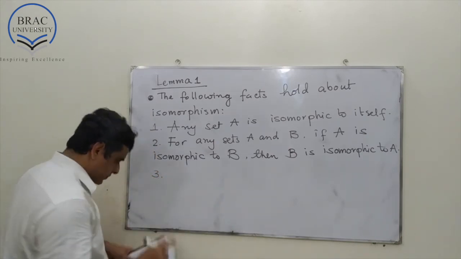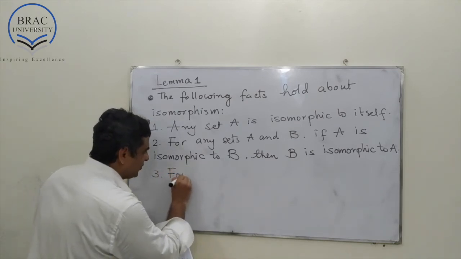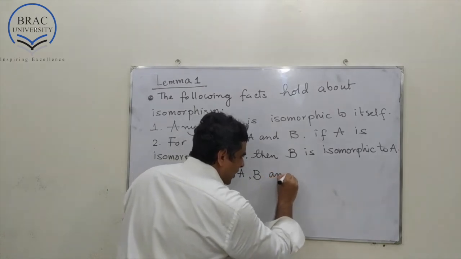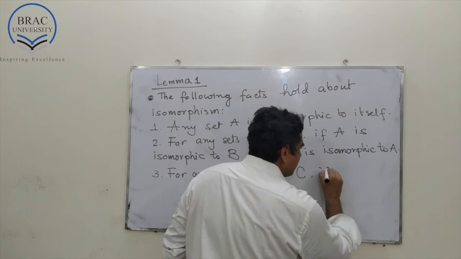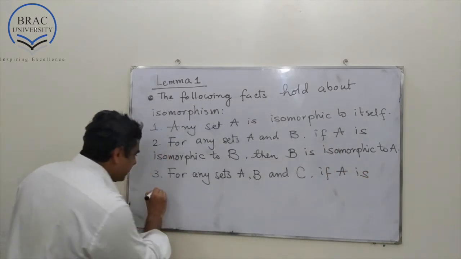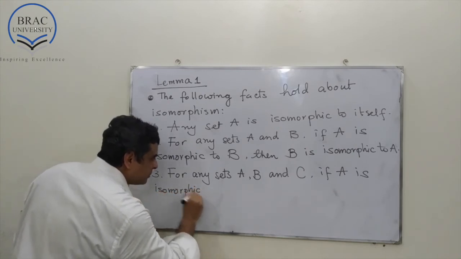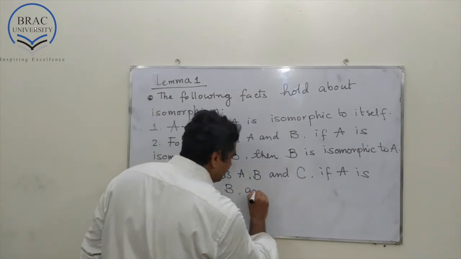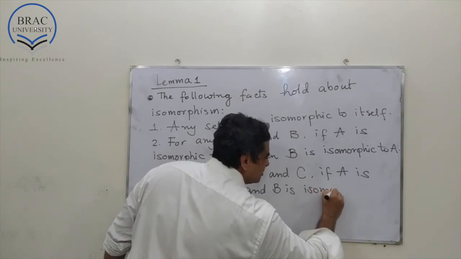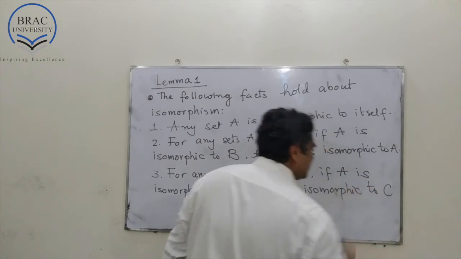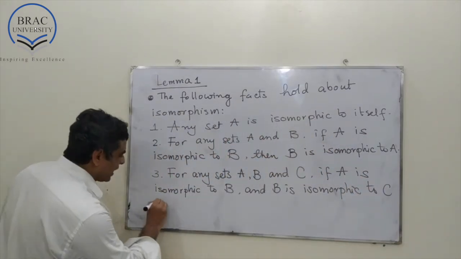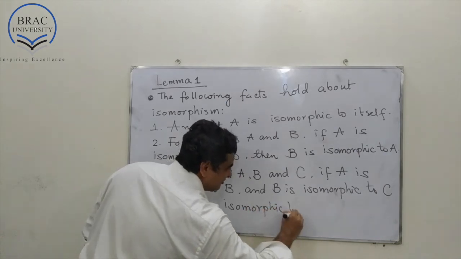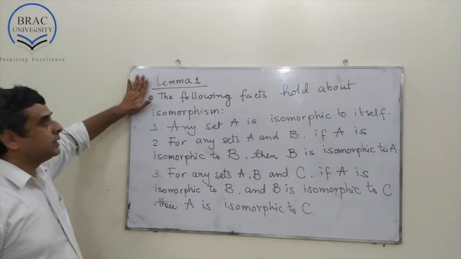For the third statement, it tells you that for any three sets A, B, and C, if A is isomorphic to B, and B is isomorphic to C, then A is isomorphic to C. I'll only prove the third part of the lemma.